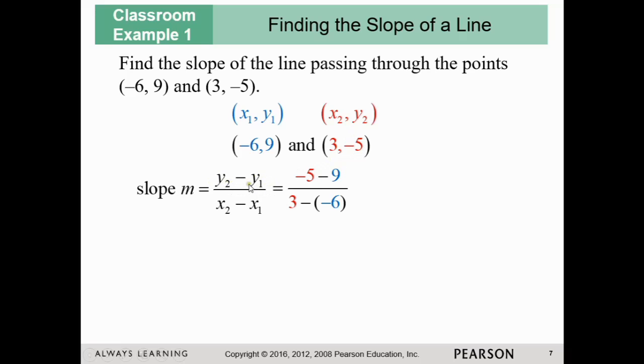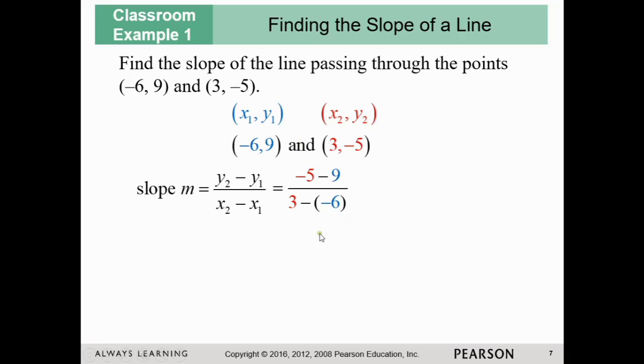Y's are always on top when you apply the slope formula. And we got -5 is over its x component. Notice that -5 is over 3. And 9 is over -6. So the corresponding elements of the coordinates will be on top of one another.